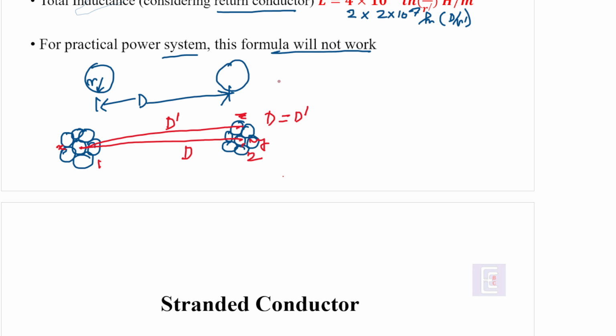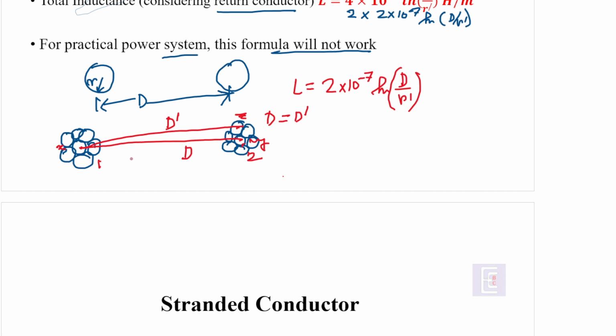So when you apply this formula, 2 into 10 to the power minus 7 ln d by r dash, there would be a problem. Which distance should be considered? It is not having only one distance. We have n number of distances existing between any two conductors.